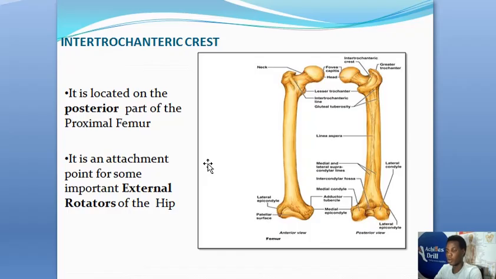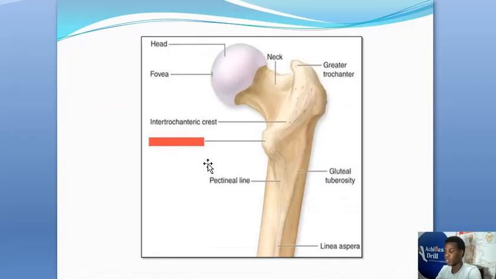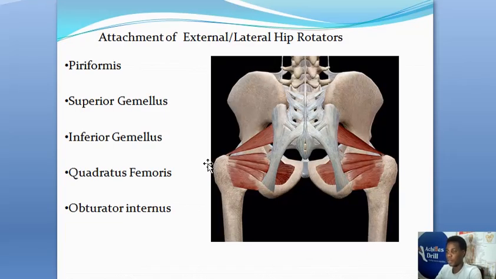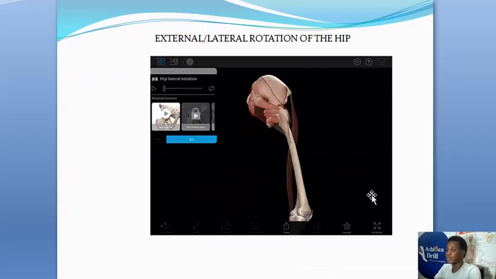It is also an attachment point for some important external rotators of the hip joint. You talk about the piriformis muscle, superior gemellus, inferior gemellus, and all these muscles. We'll go into details when we get to the anatomy of the gluteal region. But for now, understand that they attach to the intertrochanteric crest. Okay, so that's that about that.